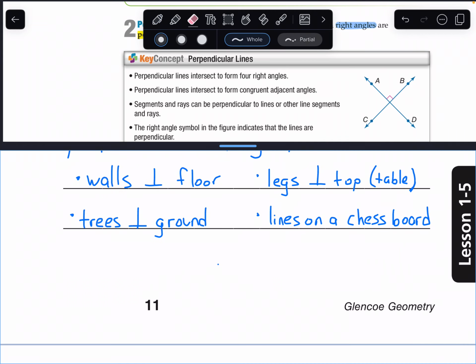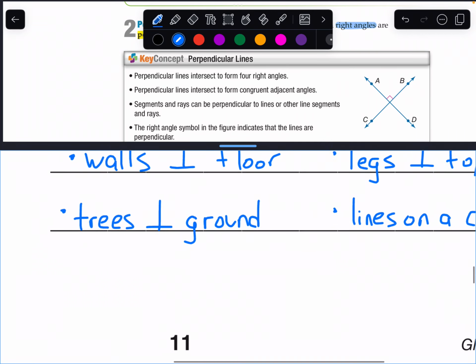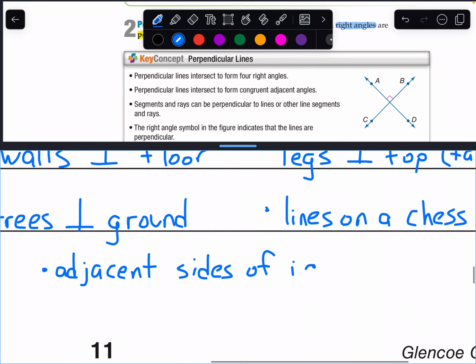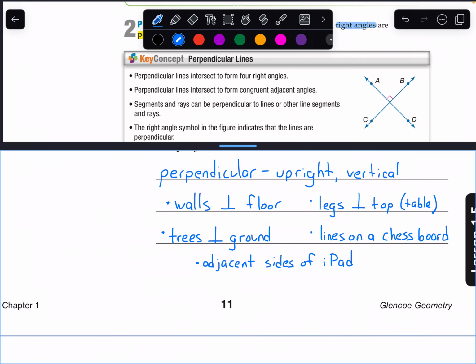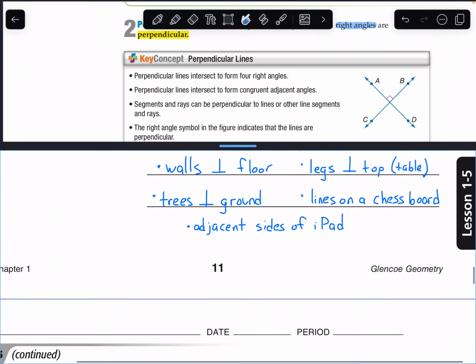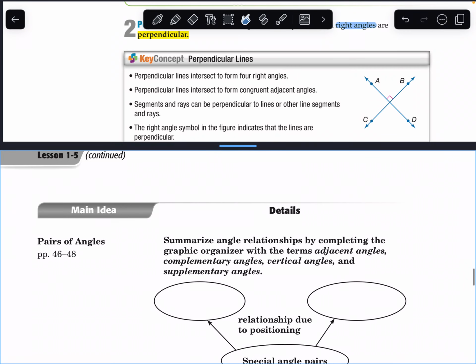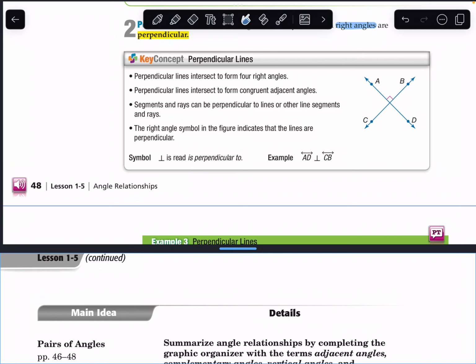And how about, of course, how could we forget? We did this in the last one with parallel. We did the opposite sides of my iPad were parallel. How about the adjacent sides of the iPad are perpendicular? There we go. 5 examples.